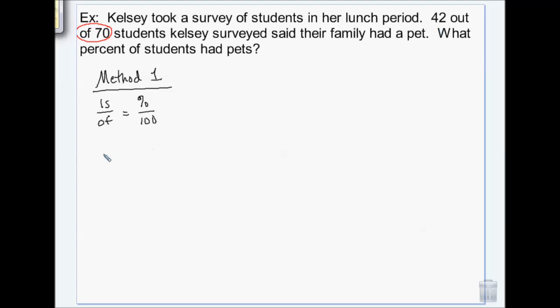So I do 42 over 70 is equal to, I don't know the percent. Cross multiply. So I have 70x is equal to 4200. Divide by 70. And x is going to be 60%.